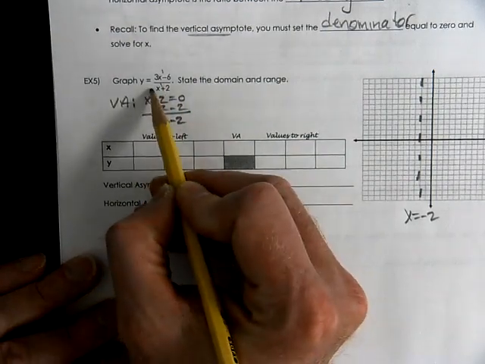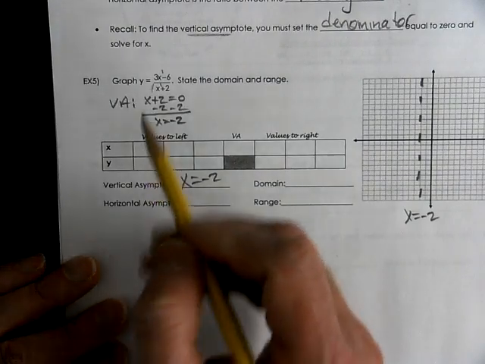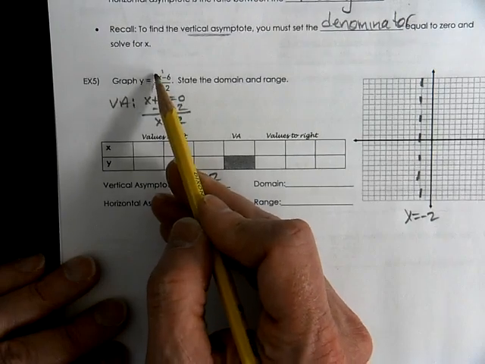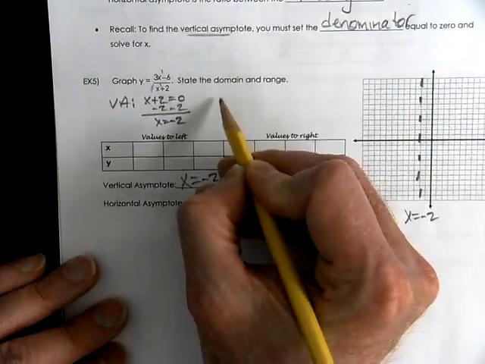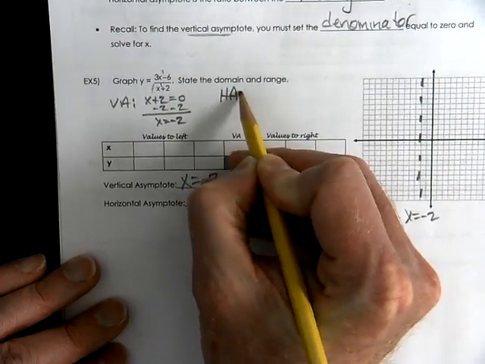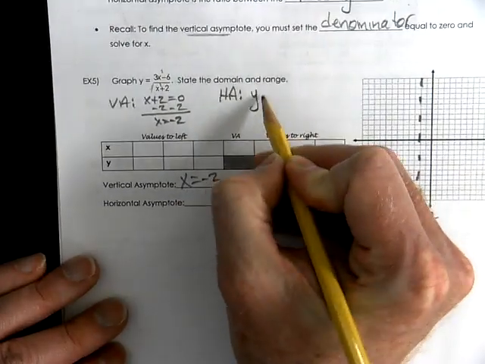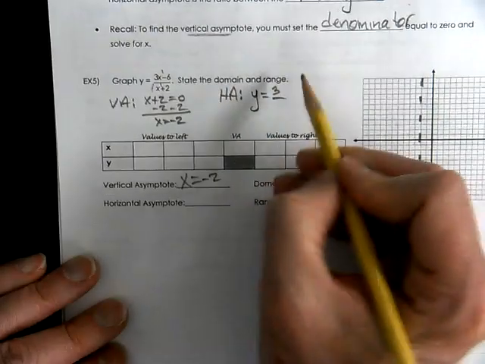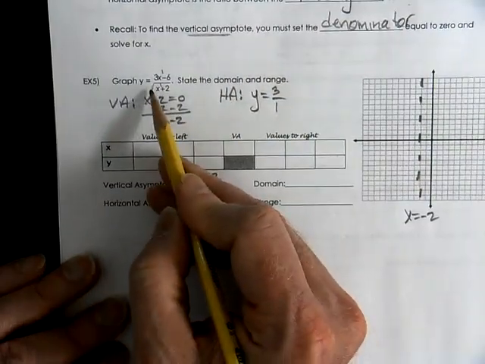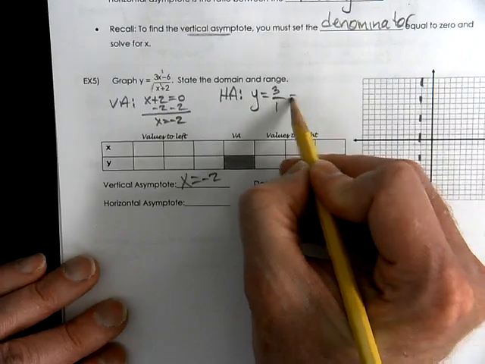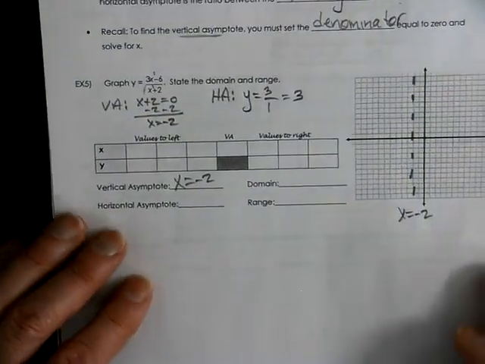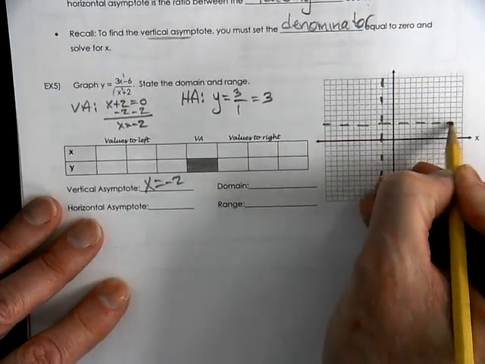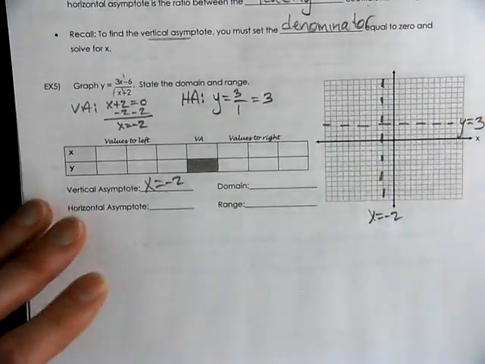It's the number in front of the x, which is 1. So what is that ratio, top over bottom? The horizontal asymptote would be y equals the leading coefficient, 3, divided by the leading coefficient of the bottom, which can be simplified to just 3. So we're going to have a horizontal asymptote at y equals 3.